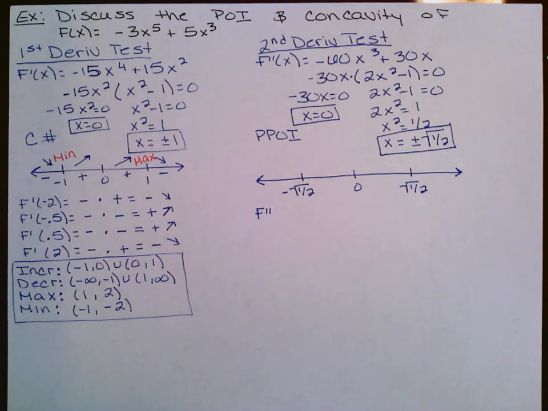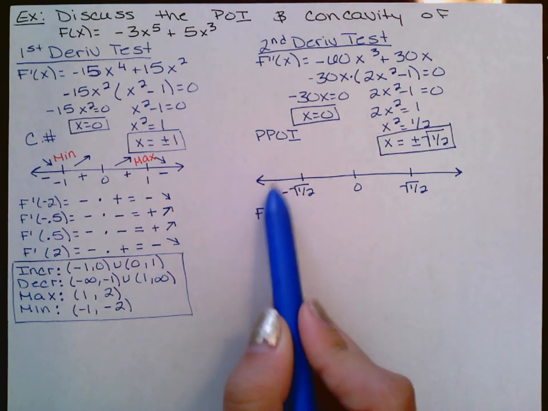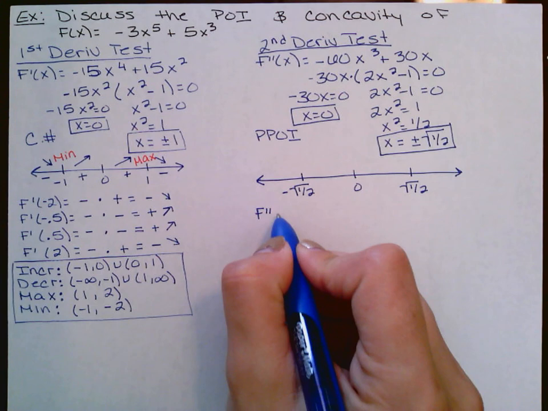So negative square root of 1/2, whenever I do a square root to like the number 4, it makes it smaller to 2. Whenever I do a square root to a fraction, it makes the fraction a bigger quantity. So 1/2 is like 0.5. Square root of 1/2 would go up to around like 0.7. You could always plug that in your calculator. So if this is like around negative 0.7, I could use -1 as a value to the left.